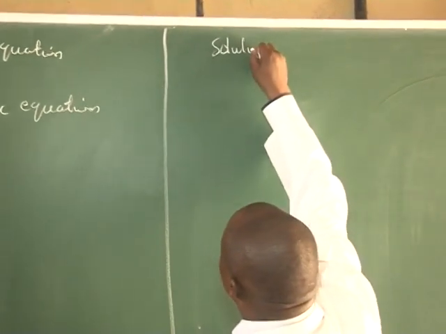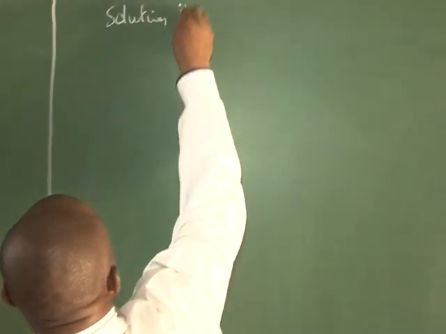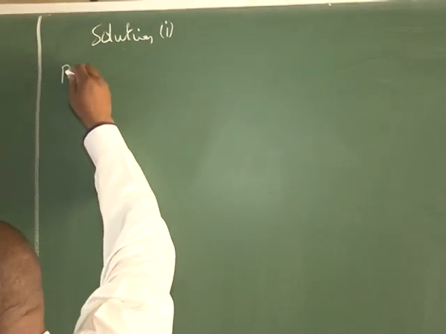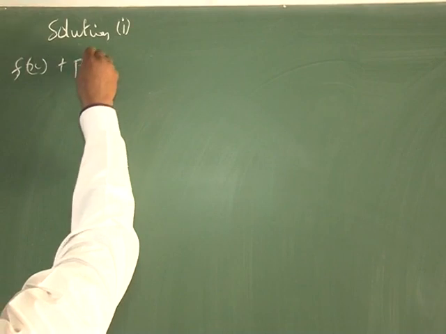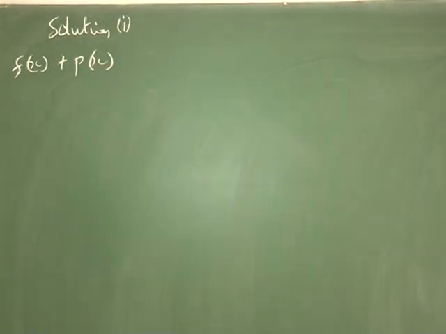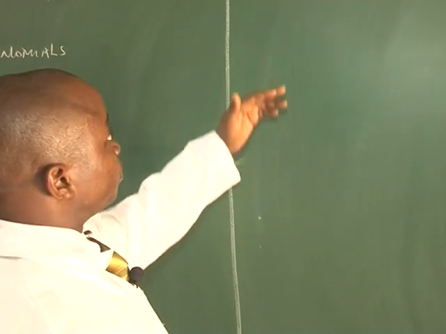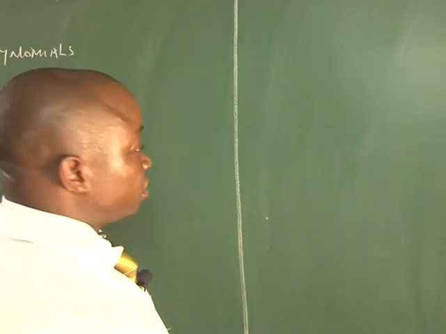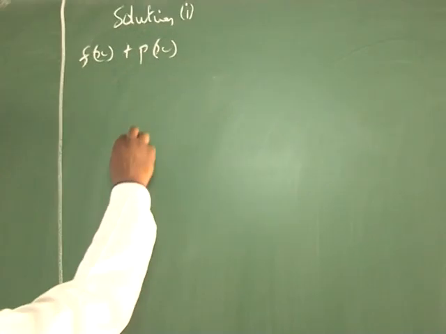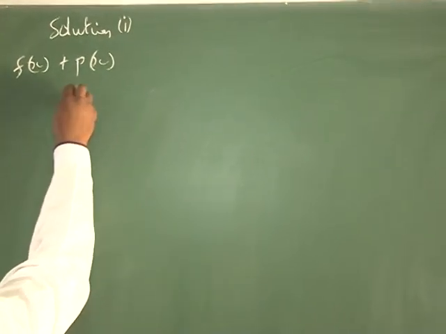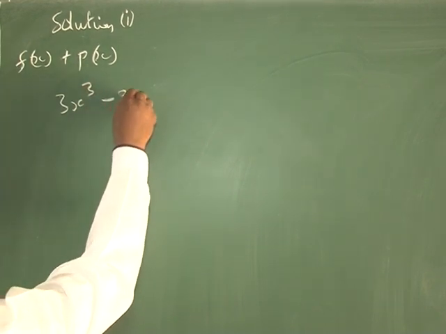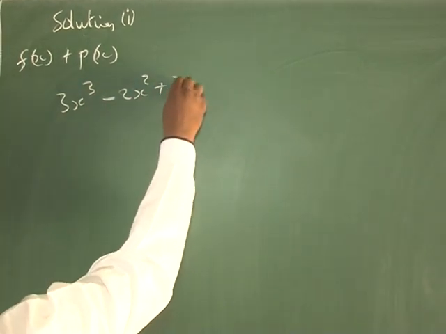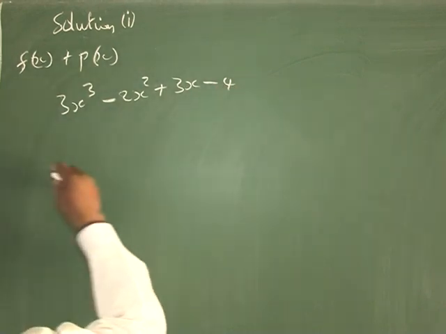The solution for I, we need f of x plus p of x. Now we will arrange it using the normal addition of real numbers. f of x is 3x cubed minus 2x squared plus 3x minus 4.